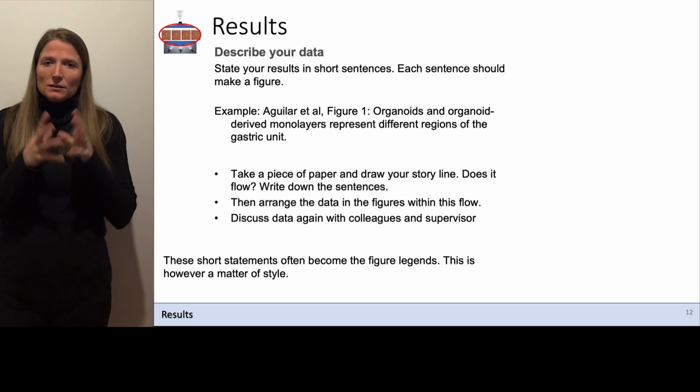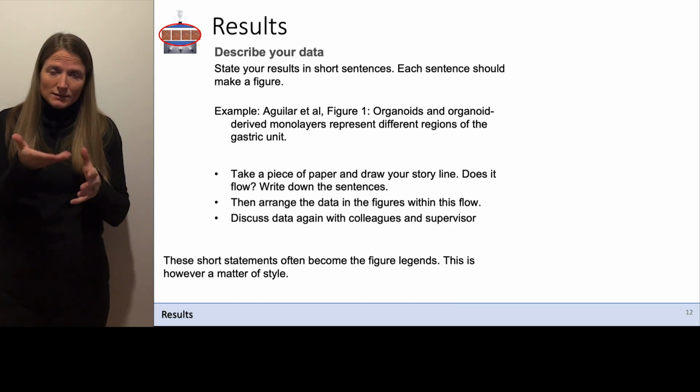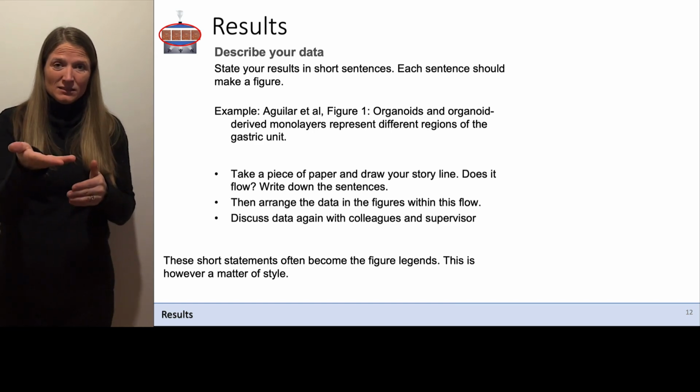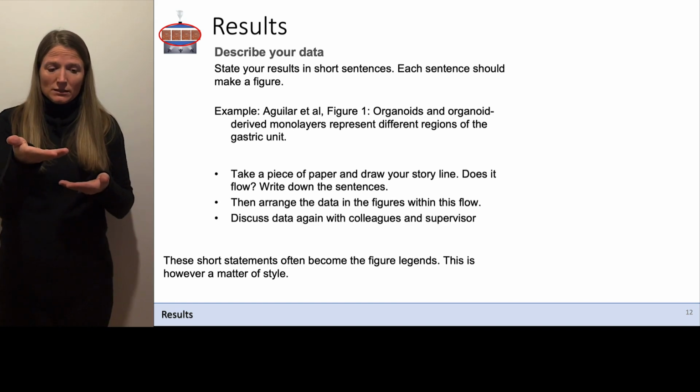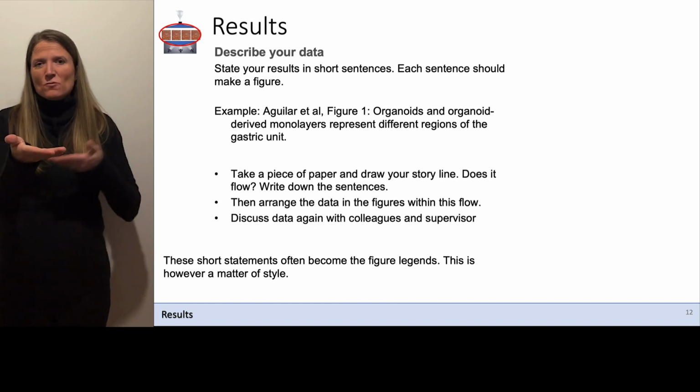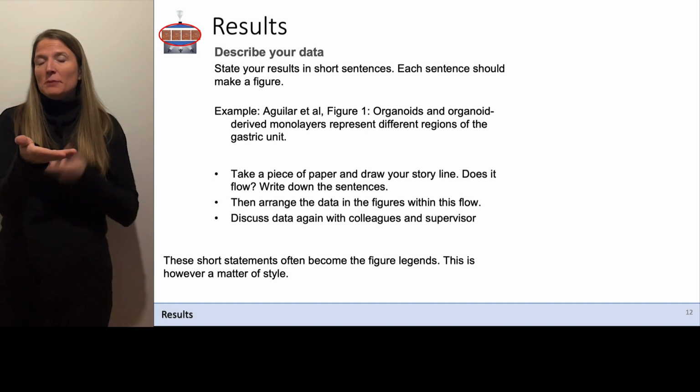Stop. So one sentence states the result, and the other figure legend would rather name what you did or name the technology.